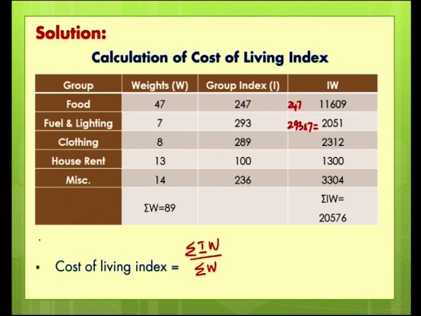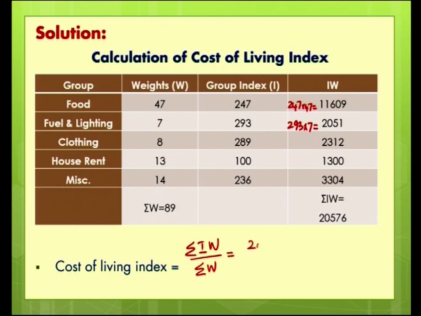IW is 247 into 47, which is equal to 11609. 293 into 7 is 2051. Likewise, the values are calculated and summation IW is the total of 11609 plus 2051 plus 2312 plus 1300 plus 3304, which is 20576, and summation W, the total of the weights, is 89.